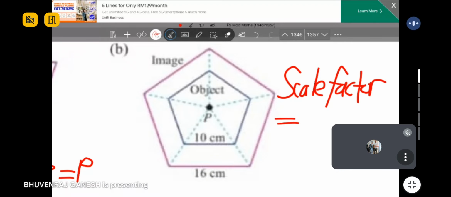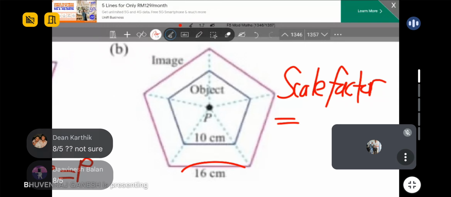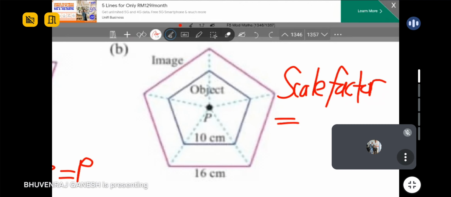This one is easy. So anyone? Scale factor? What is your value? Yes, very good. 16 divided by 10. Okay, image bahagi object. So you will get 8/5. You can write 16/10, but better, right? You write as 8/5.